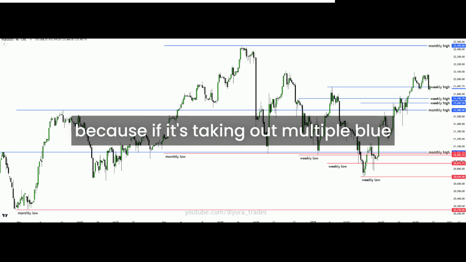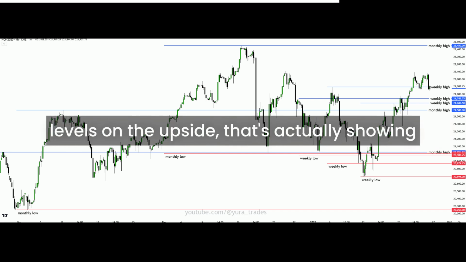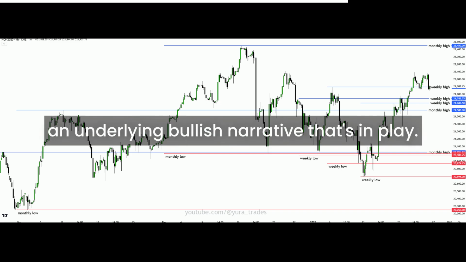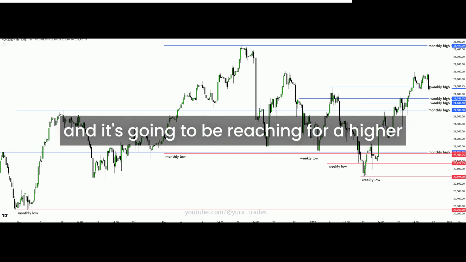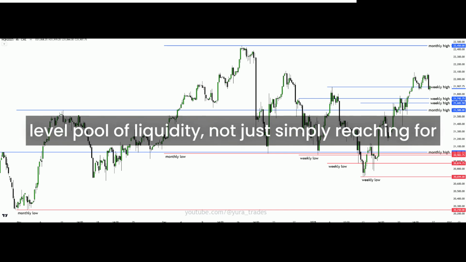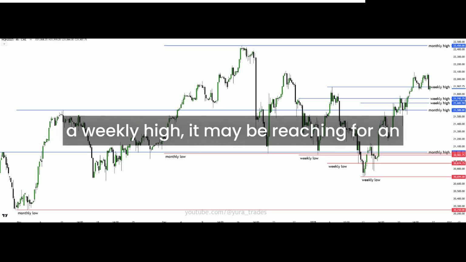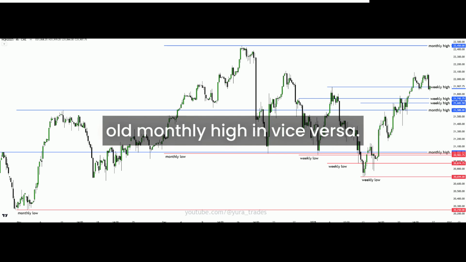Because if it's taking out multiple blue levels on the upside, that's showing an underlying bullish narrative in play, and it's going to be reaching for a higher level pool of liquidity, not just simply a weekly high. It may be reaching for an old monthly high, and vice versa.